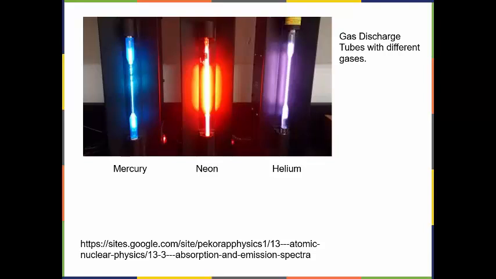So here we see 3 tubes that are filled with 3 different gases: mercury vapor, neon, and helium. And we pass through a large electric current. And what we see is that the different gases glow in different regions, in different colors.